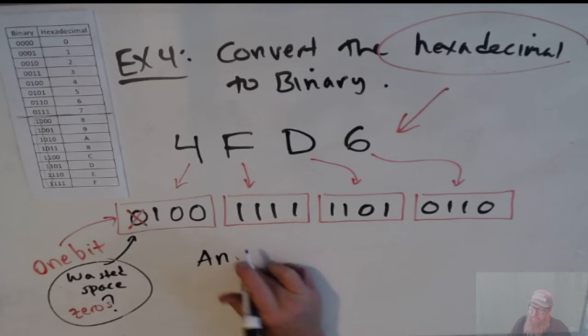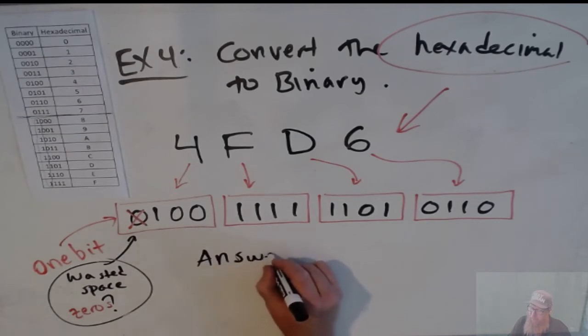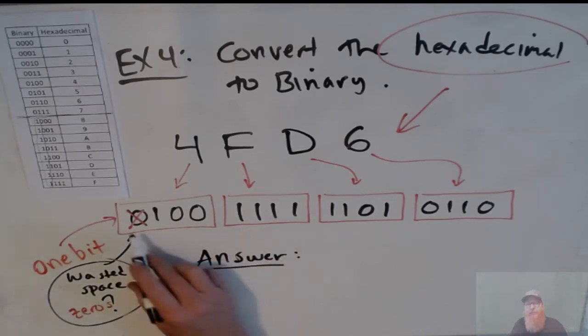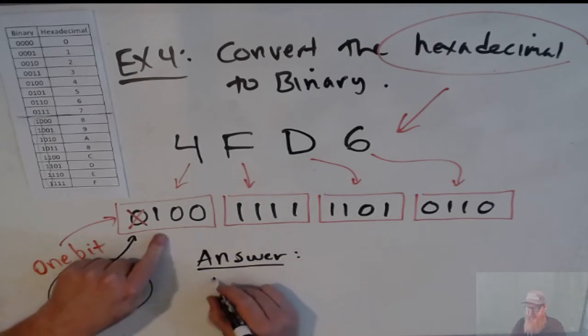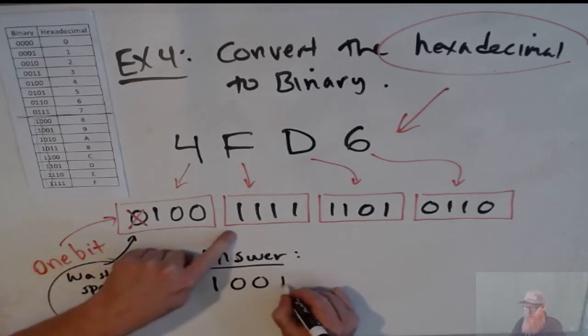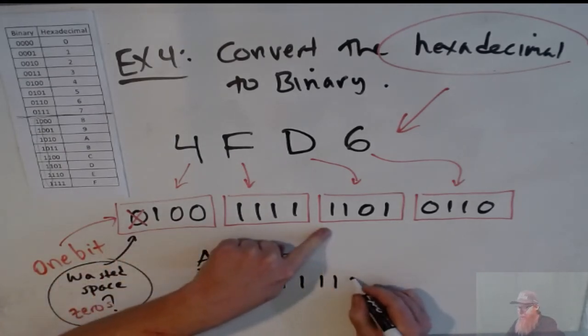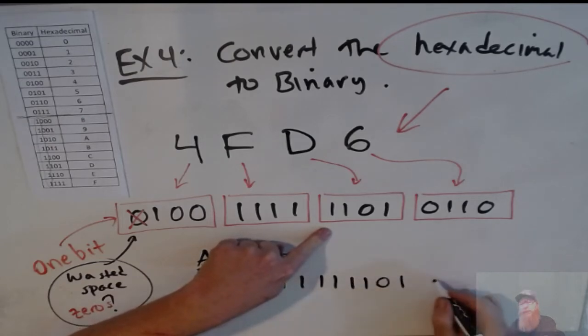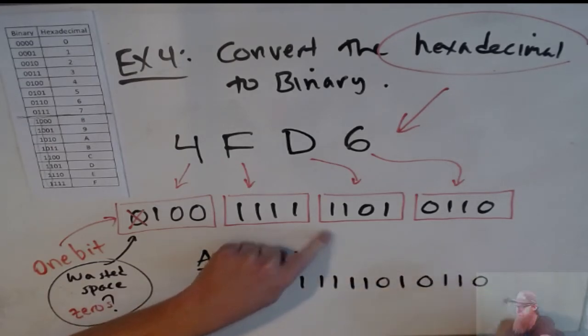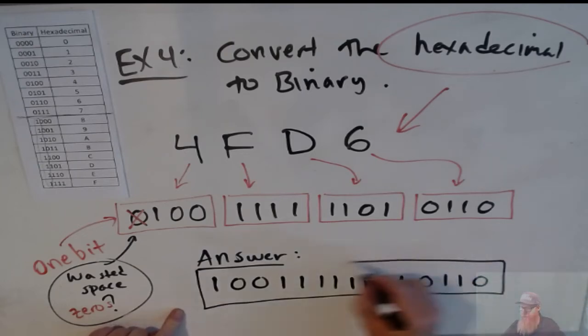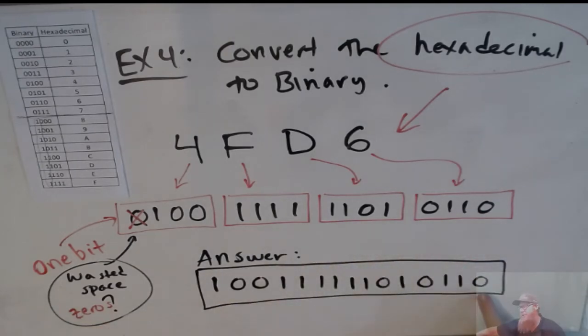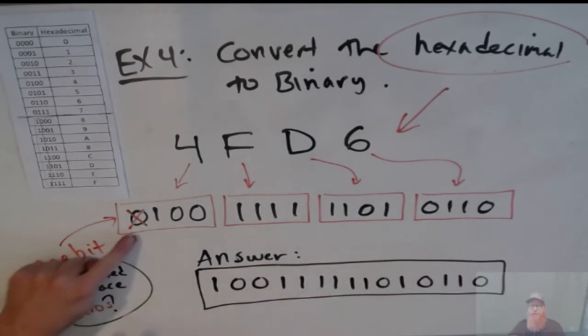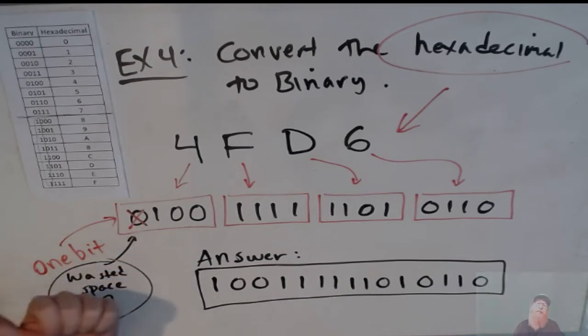So in your answer, I don't want to see the wasted space. Just list out all the digits: 1, 0, 0, 1, 1, 1, 1, 1, 1, 0, 1, 0, 1, 1, 0. You're not allowed to throw away zeros at the far right. You can only throw away zeros that live to the far left. Those are wasted space.